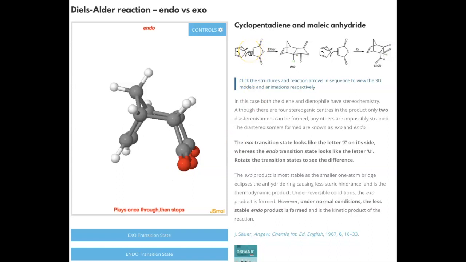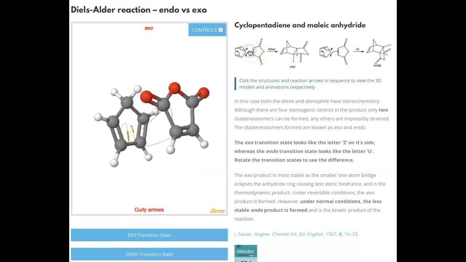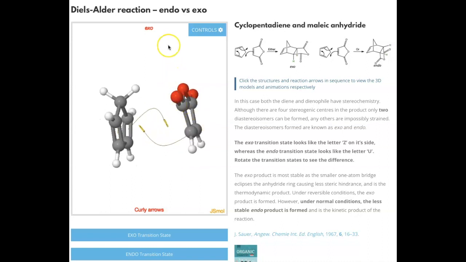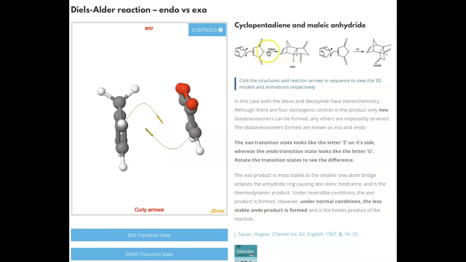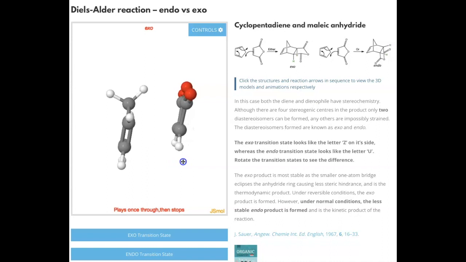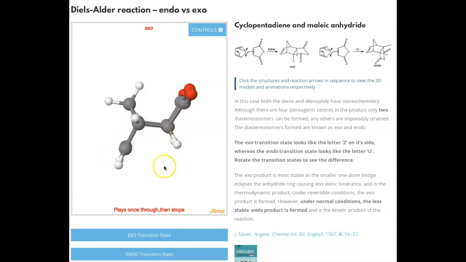Now, if this was going to proceed by the exo transition state, notice that those electron withdrawing groups are kind of pointed away from your diene. And we can see the Z that I was talking about for the exo product there.